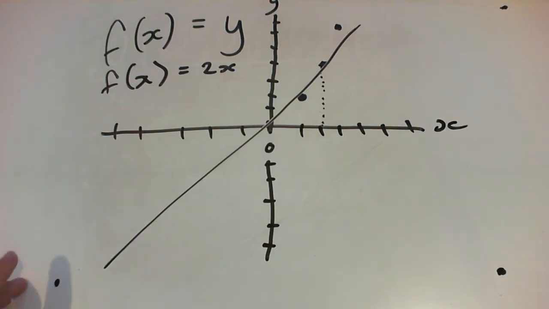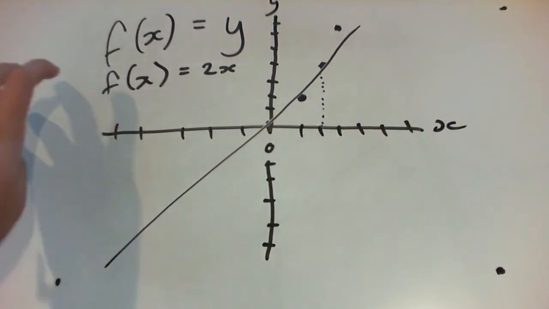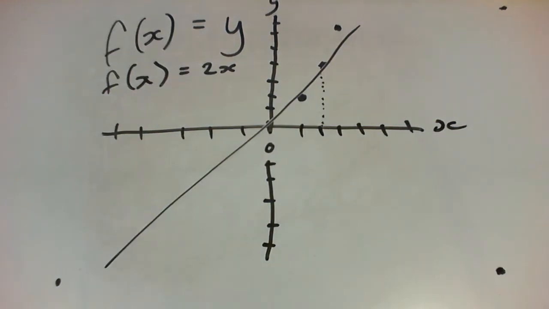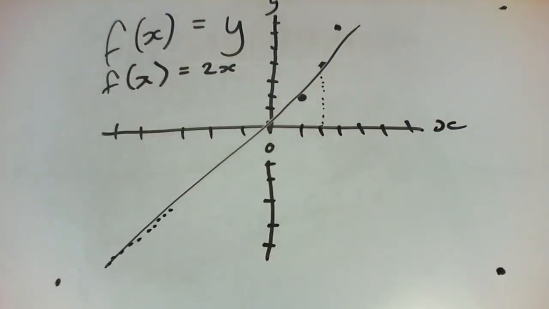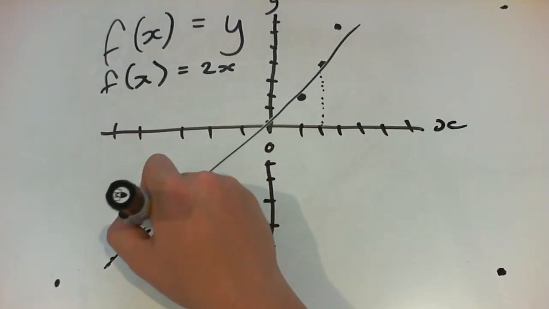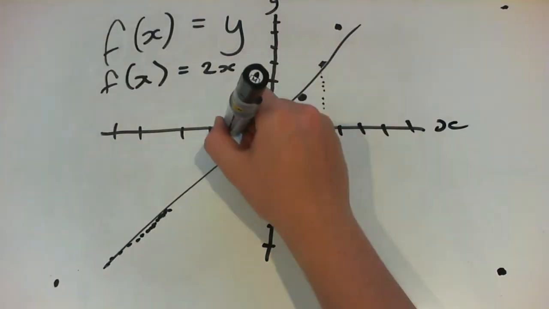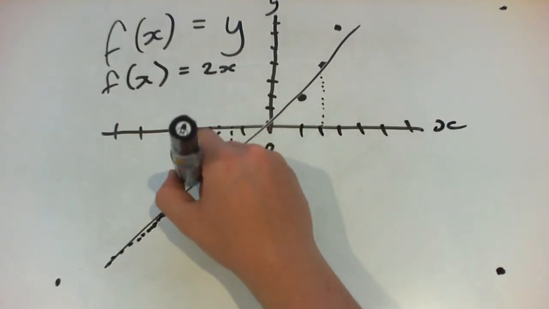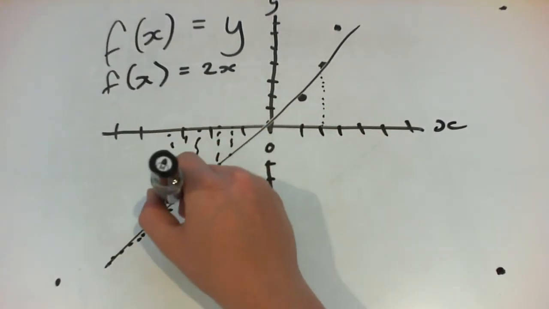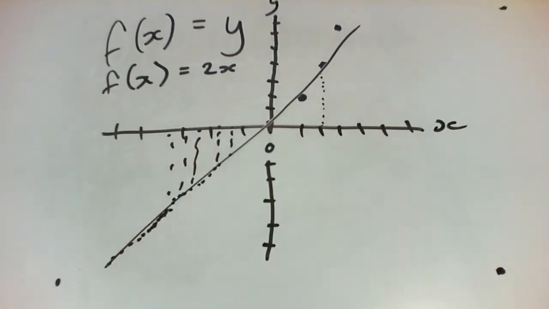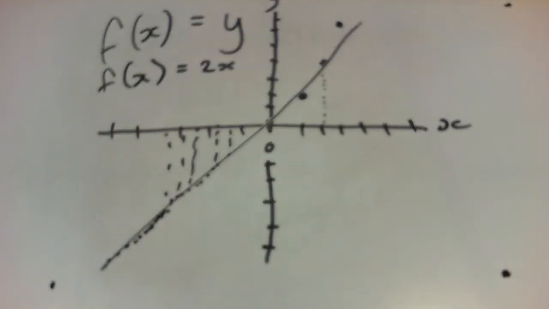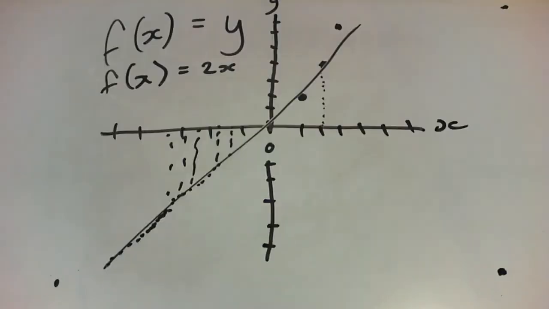Put every single input into this function and show me where its output is. And normally there's so many tiny little inputs here that it looks like a straight line. So this input goes here, this input goes here, this input goes here. It's tiny little dots, but there's literally an infinite number of them, so it gives us a straight line.